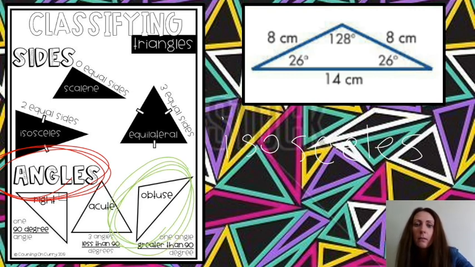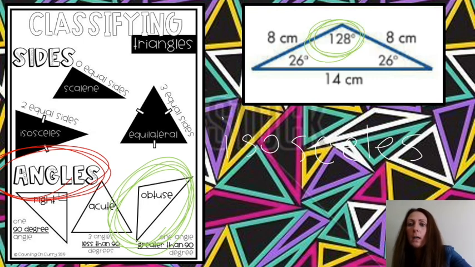Why do you say that? Oh, okay. I agree with you. I agree that it's obtuse because there is one obtuse angle. That 128 degrees is definitely above 90 degrees, which would make it an obtuse angle. Yes, so I have isosceles and I have obtuse. Very nice work, you guys.